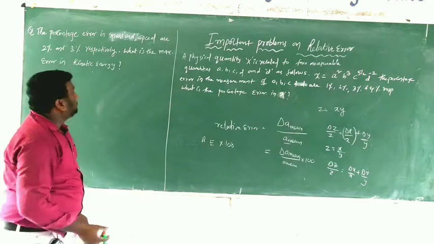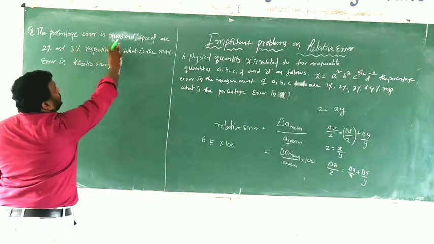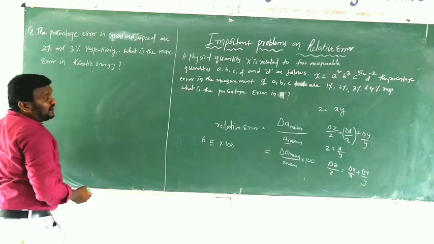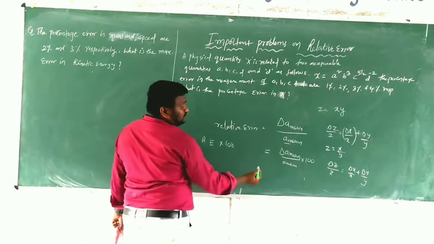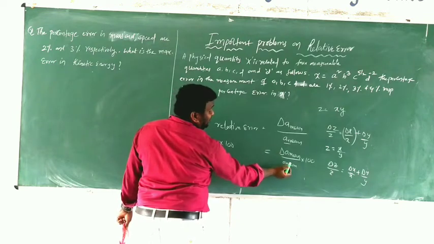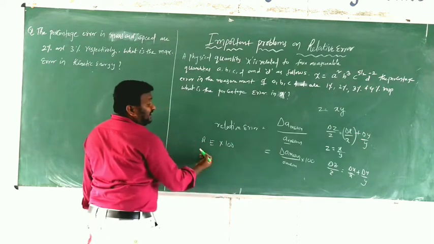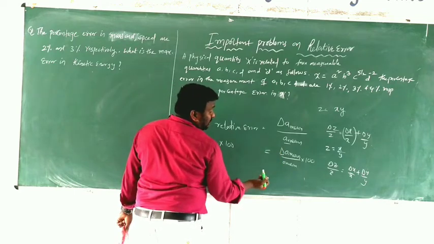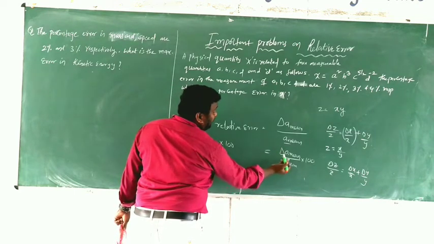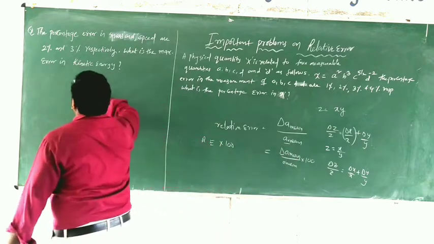What was given? Percentage error of mass. Here I already have the formula: delta A mean by A mean into 100 is the percentage of error. Now for mass I write delta M by M into 100. How much was given?